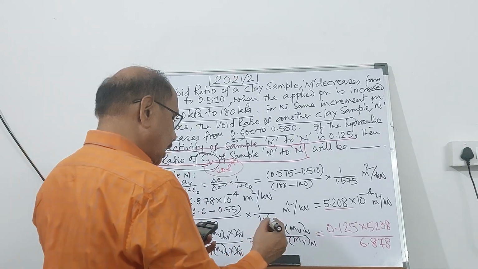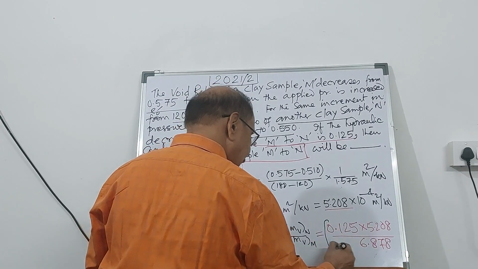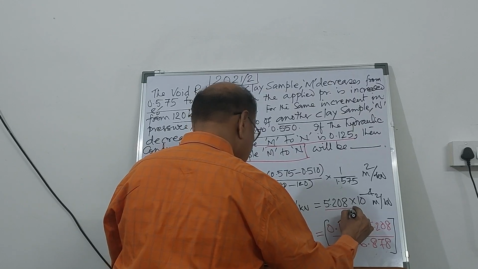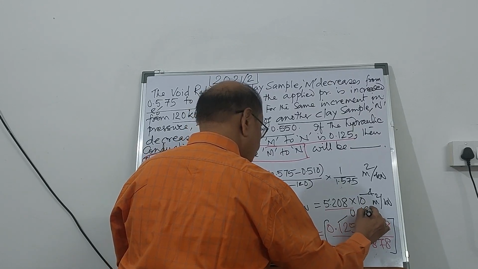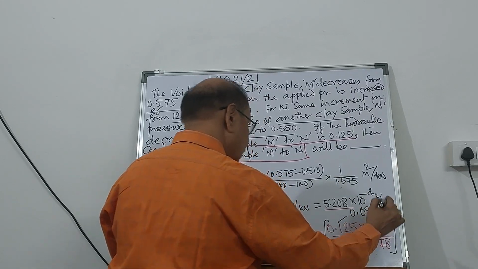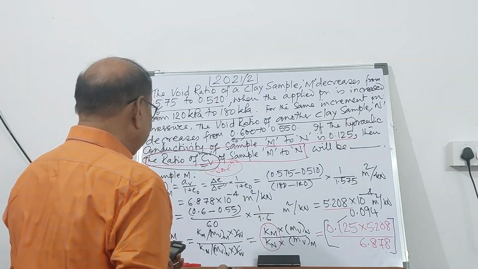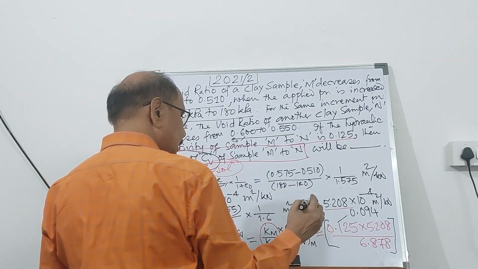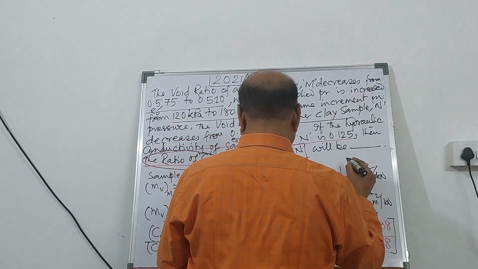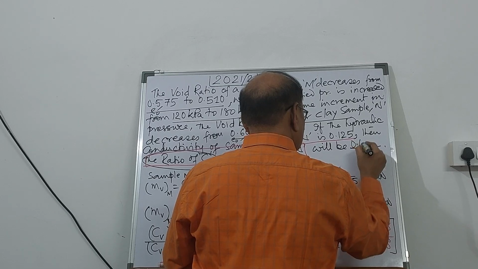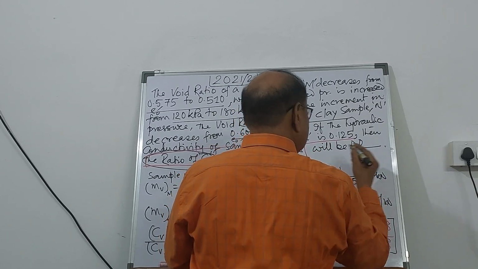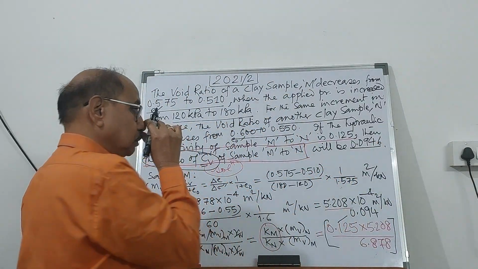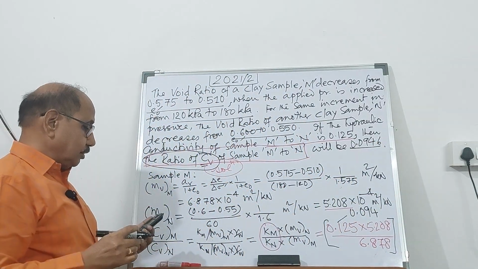The ratio is coming out to be this. If you calculate it, the answer you are getting is 0.094 up to 3 decimal places. So the ratio of CV of sample M to N will be 0.0946. So this is the solution.